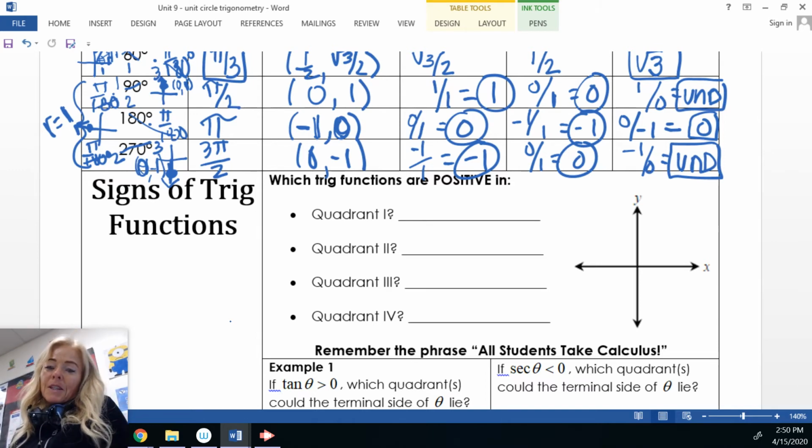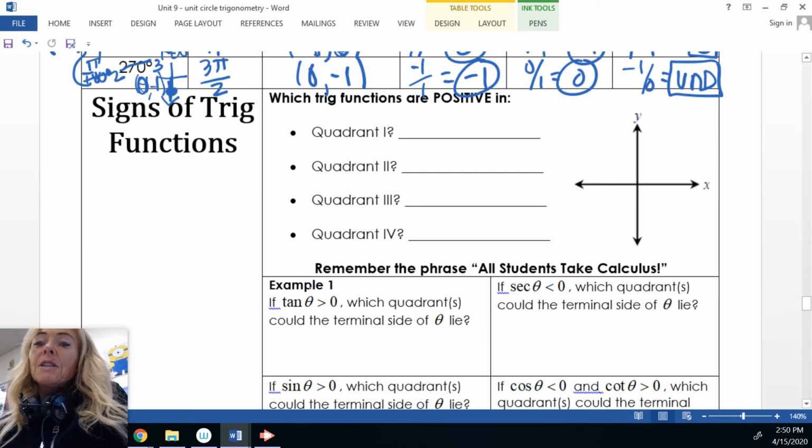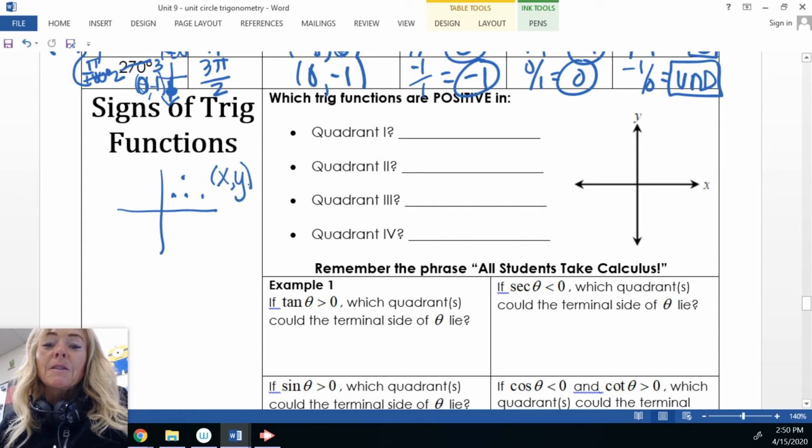All right, so signs of trig functions, and looks like I have a few minutes, I could probably get through this. Trig functions are all of a sudden positive in some quadrants and negative in some quadrants. So what happens is, in this quadrant, if I pick out points in this quadrant, my x is positive and my y is positive, whatever it is.